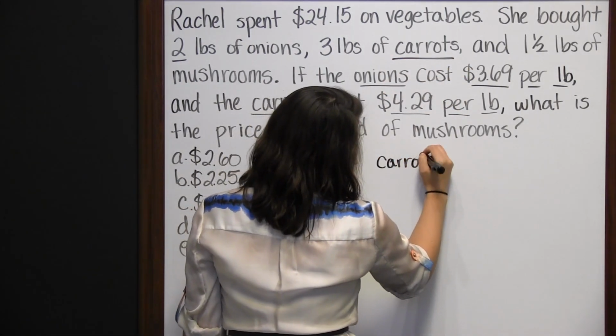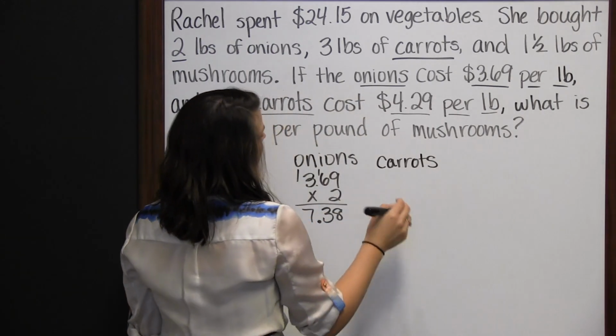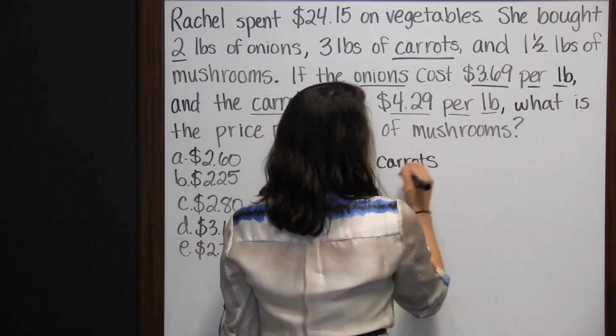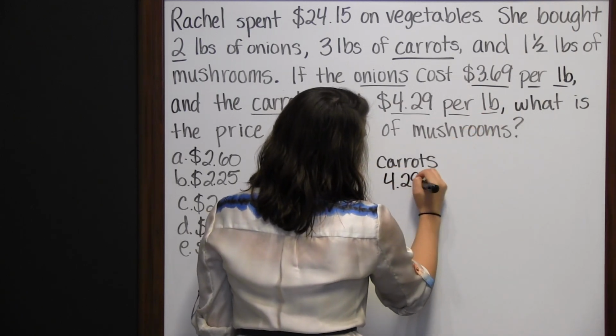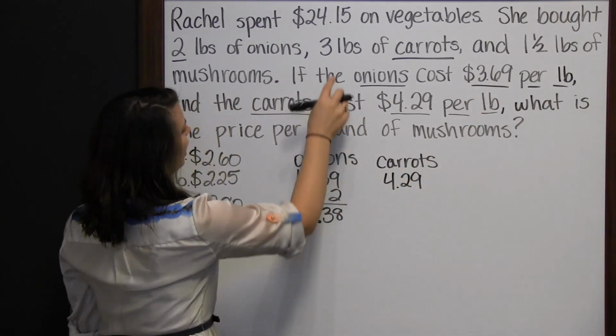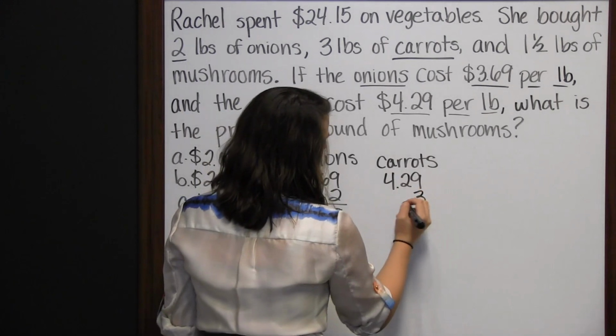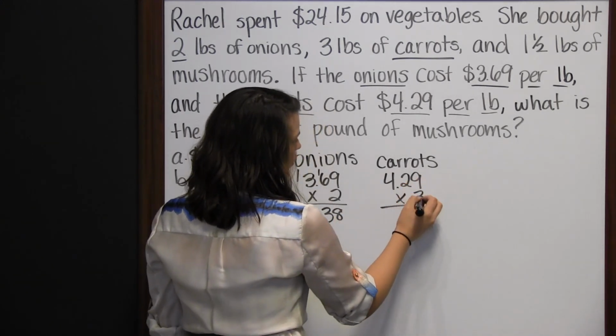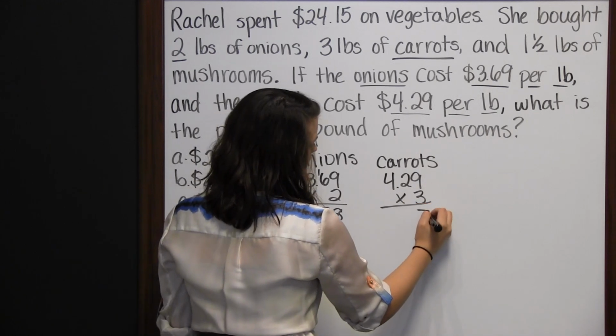So next we'll deal with our carrots. The carrots were $4.29 per pound. So $4.29 times 3, since she bought 3 pounds of carrots. 3 times 9 is 27.